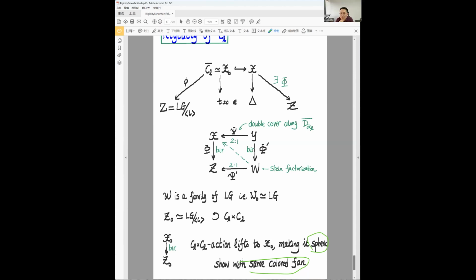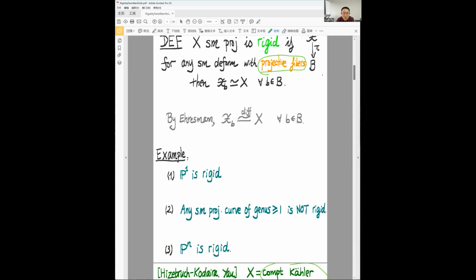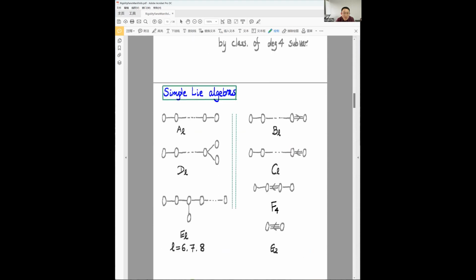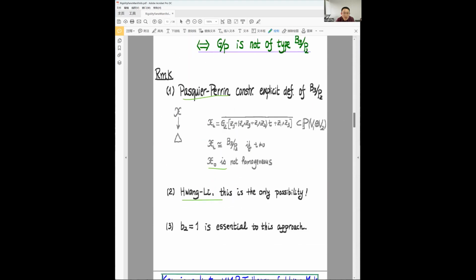Yes. Blow-up of P3 along P2 gives you one example. It has two deformation types. They show these two are the only possibilities. How about Picard number one? This is one case.